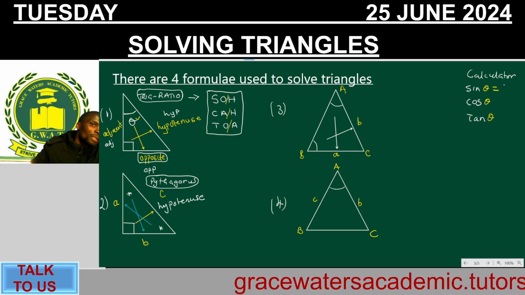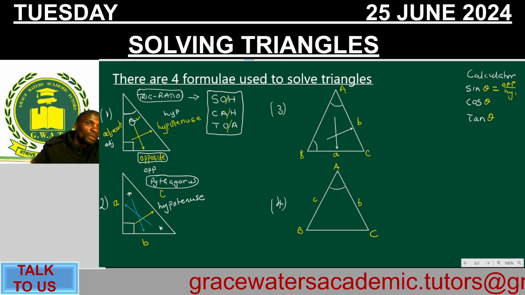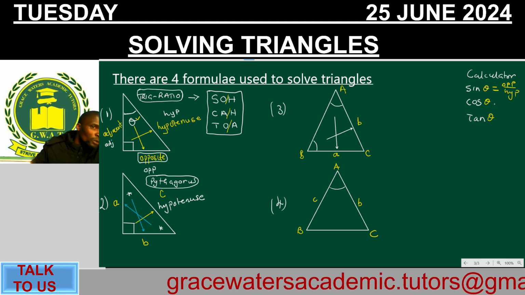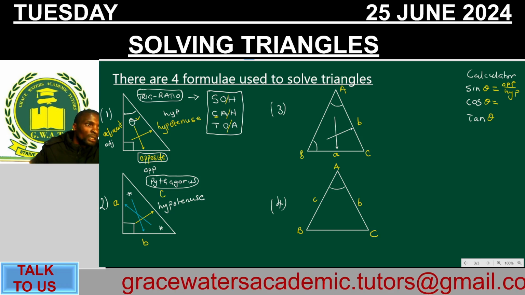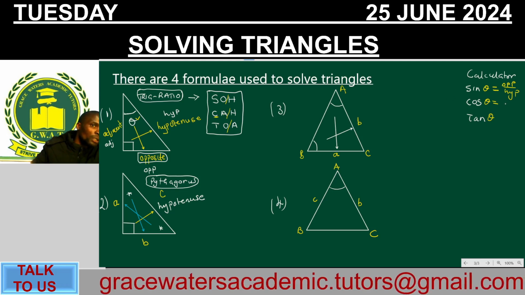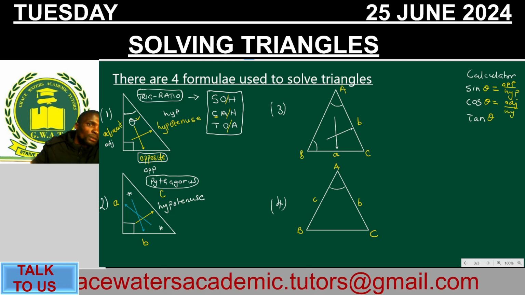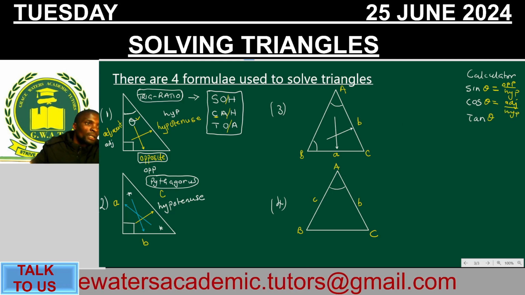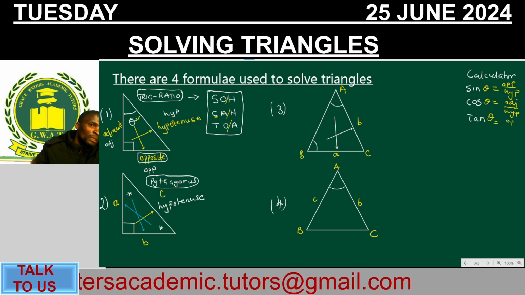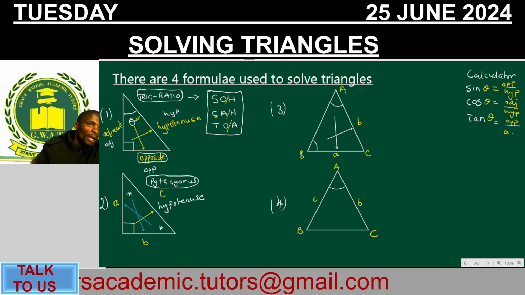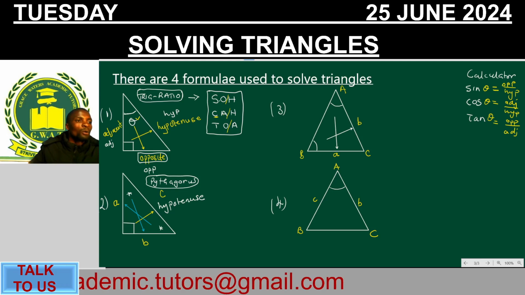So sine theta is equal to opposite over hypotenuse. Then we have cos of theta. Cos is adjacent over hypotenuse, so you write it as adjacent over hypotenuse. Now we are left with tan. Tan is opposite over adjacent, so you say equals opposite over adjacent. Okay, so this is it for SOHCAHTOA.